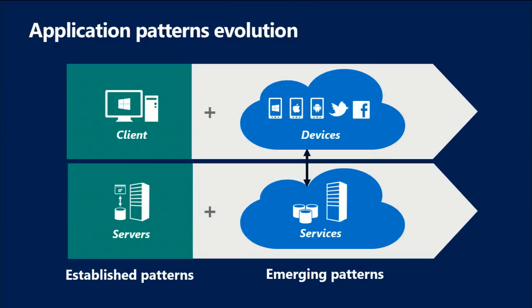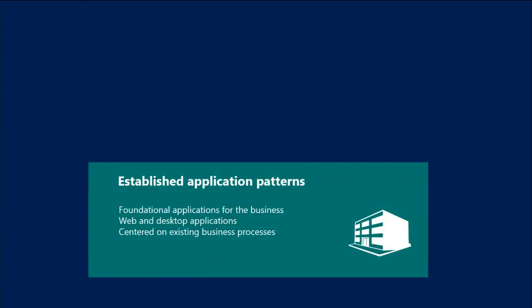So devices and services. Up to now, I've been talking about established application patterns, which are the foundational applications for the businesses. Could be web application, desktop application, services, and we are focusing on existing business processes.